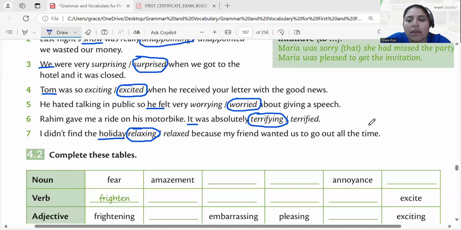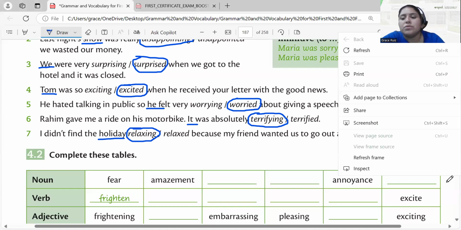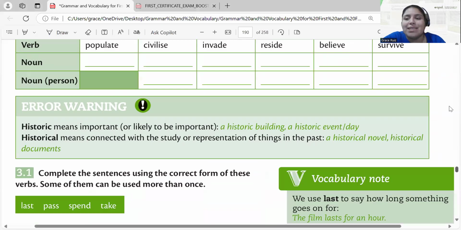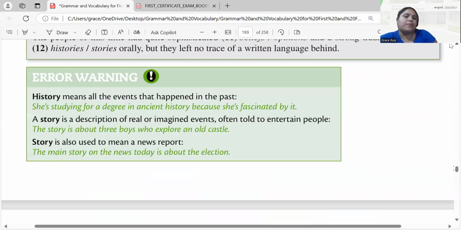And let me go ahead and share with you. So here we go. For exercise 4.2, we're going to complete these tables, okay?